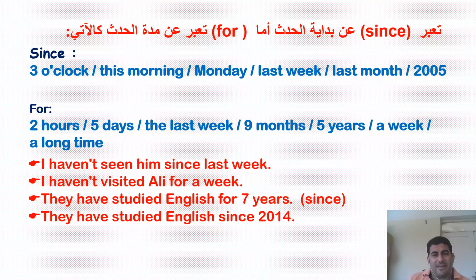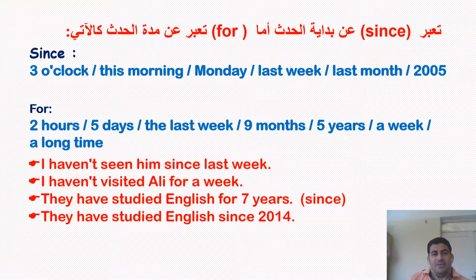For 9 months, for 5 years, for a week, for a long time, for a while, forever, and so on. So for is followed by a period of time, but since is followed by the beginning of the action or a specific point of time.